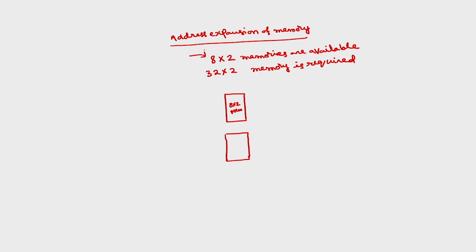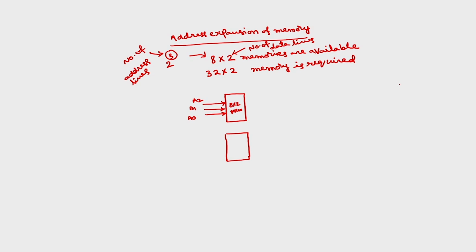We have to express this 8 as 2 raised to the power of something, and that something represents the number of address lines. Normally the number of locations is a power of 2, and the 2 directly represents the number of data lines. Okay. So, this will have 3 address lines. I am writing individually instead of bus notation: A2, A1, A0.